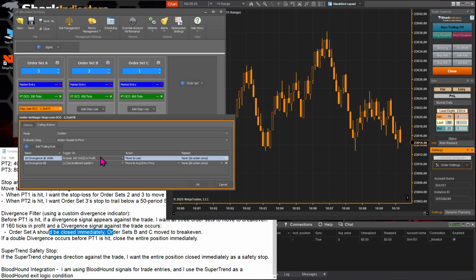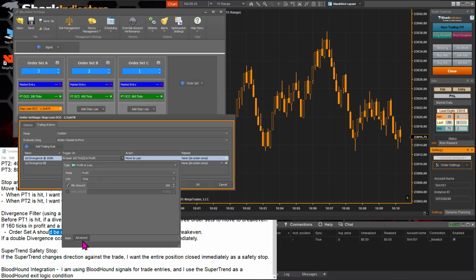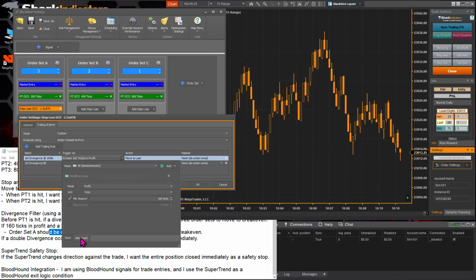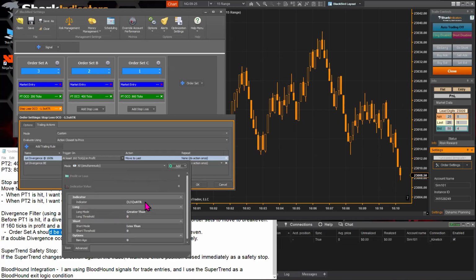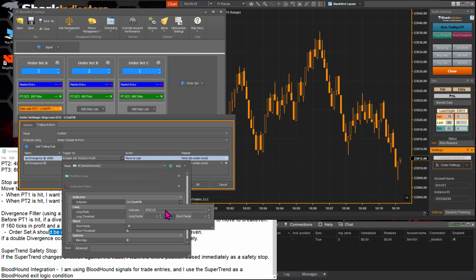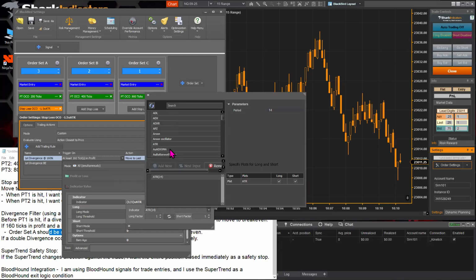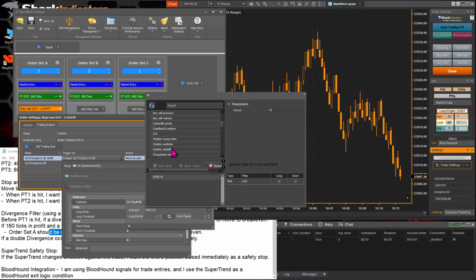All right. Then now we're going to switch over to the advanced tab here. Or we could have switched over to the advanced tab to begin with. And now let's minimize the profit or loss, and now let's add the indicator value. And again, this is where we're going to plug in the divergence indicator.